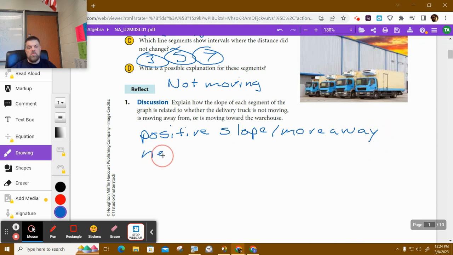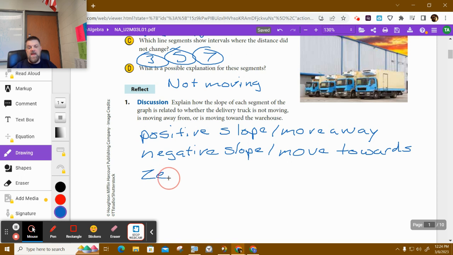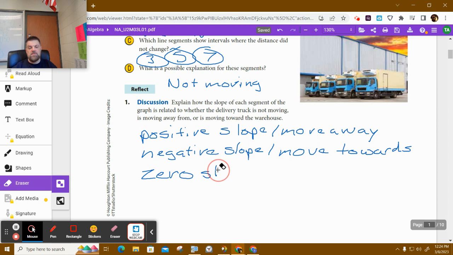A negative slope, which was going downhill, you were moving towards the warehouse. Zero slope meant what? Not moving at all. Yeah, not moving at all. Very good.